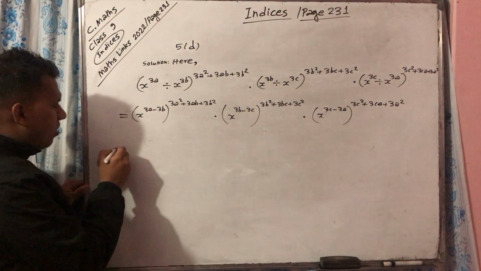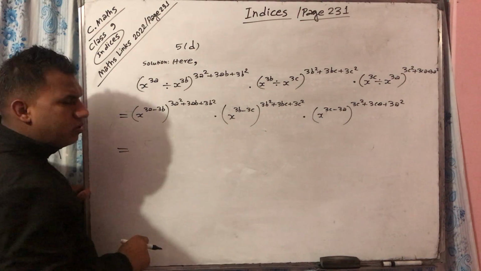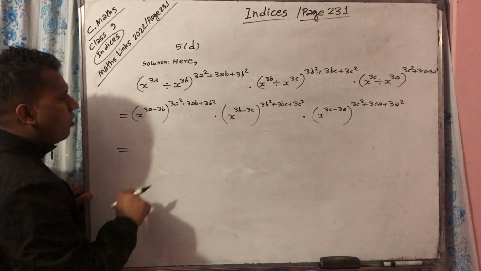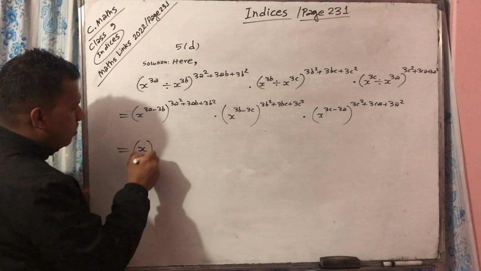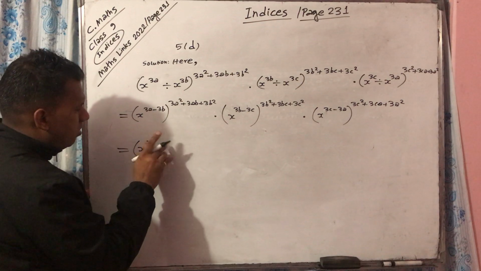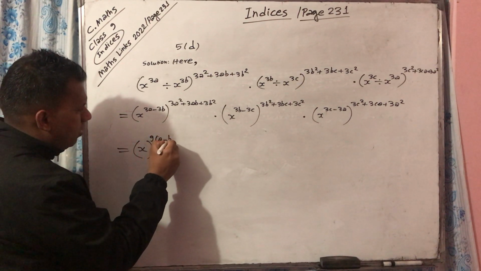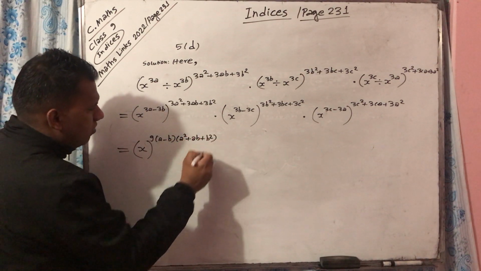Since 3 is common in the first part and in the second part, taking 3 common from the first part and second part, it becomes 3 times 3 is 9. So x to the power 9 times (a minus b)(a square plus ab plus b square).